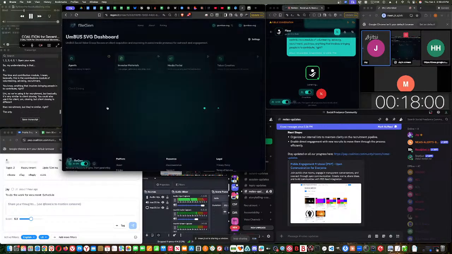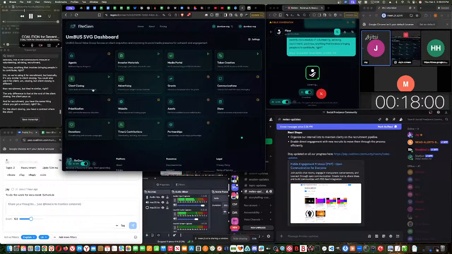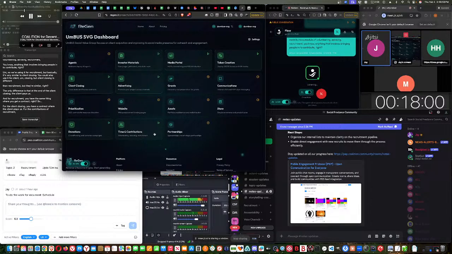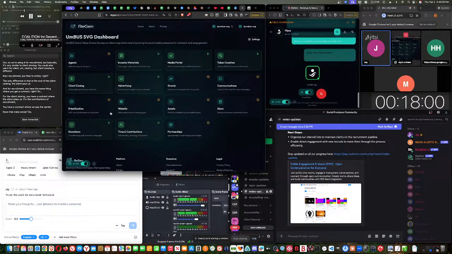The only difference is that at the end of the client closing, the client pays us. And for recruitment, you have the same thing where you get a contract. For client closing, you have a contract where the client pays us. For the contributions of recruitment, you have a contract where we pay the worker. Does that make sense? So these two are very similar.